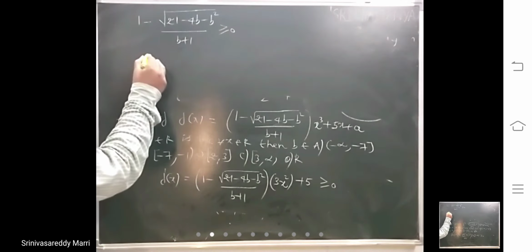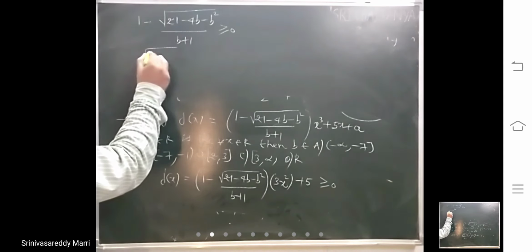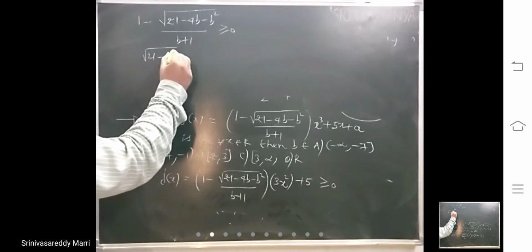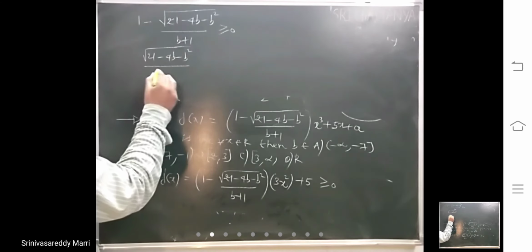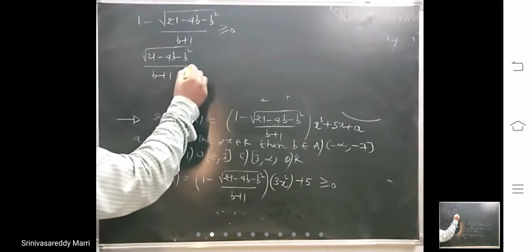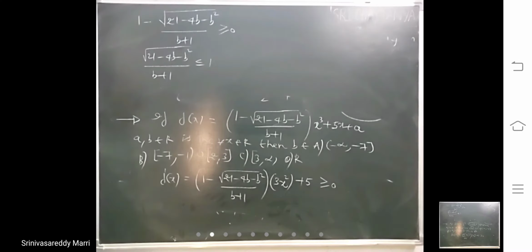So that means root of (21 minus 4b minus b square) divided by b plus 1 less than or equal to 1. Bring that side. Now look at, we have to find the values of b for which this is less than or equal to 1.